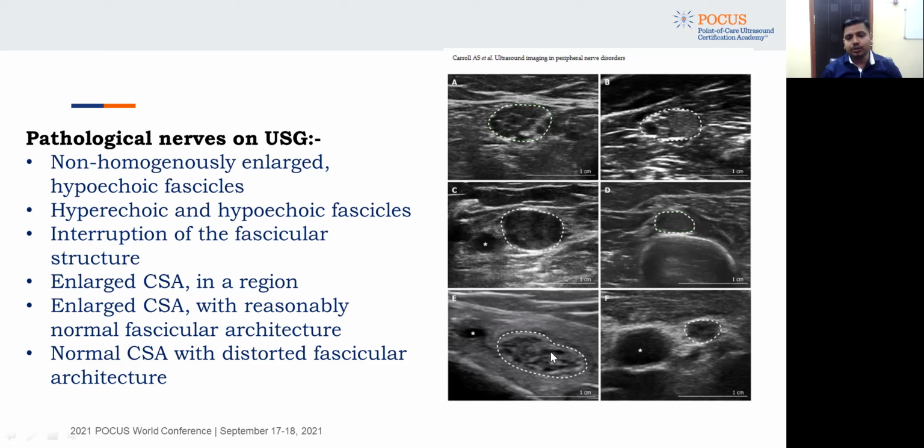At times, the nerve shows enlarged cross-sectional area, but reasonably normal fascicular architecture can be seen. There may be normal cross-sectional area with distorted architecture as well. So these are the various kinds of appearance of pathological nerves which we need to evaluate while evaluating the peripheral nerves on ultrasound.